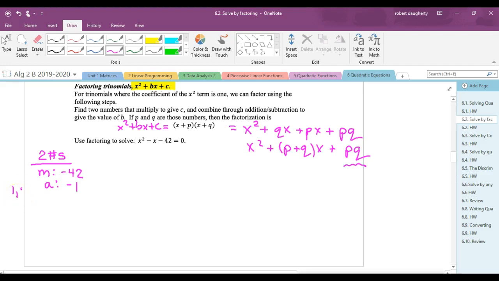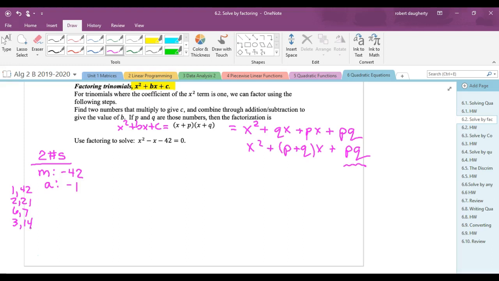The factors of 42 are 6 and 7, or 3 and 14, and then they start to repeat. Is there any way I can combine those numbers and get a negative 1?